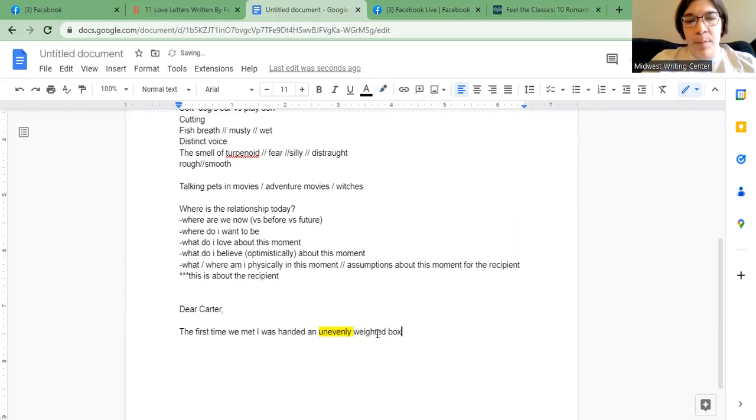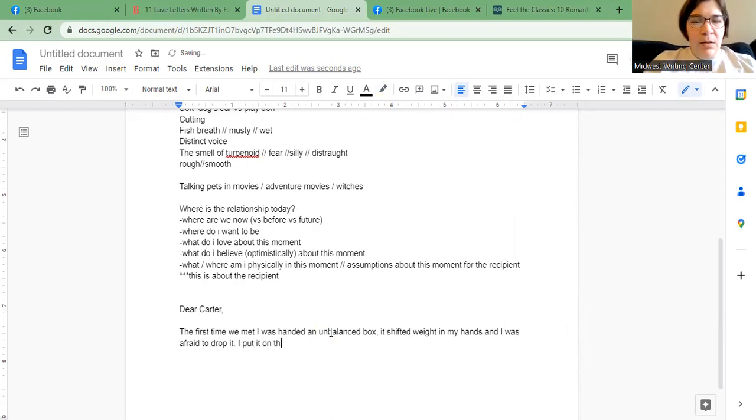Unevenly weighted box. And see, here we go. Already I'm done. An unbalanced box. It shifted weight in my hands. And I was afraid to drop it.